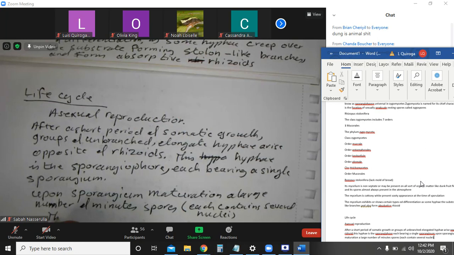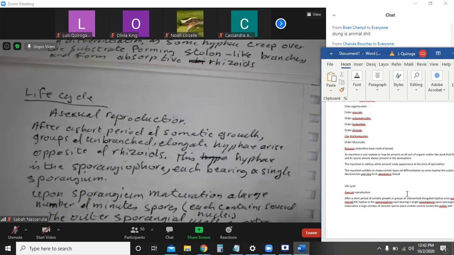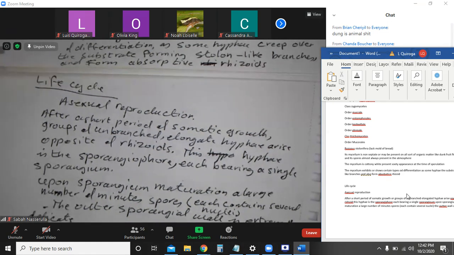Now the outer sporangial wall, as I mentioned, is extremely delicate, okay, and readily torn.